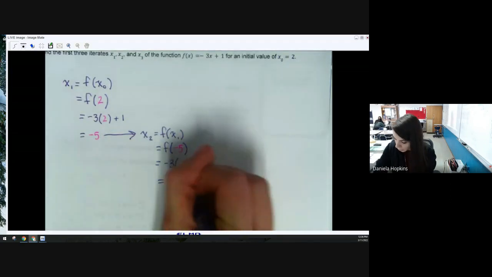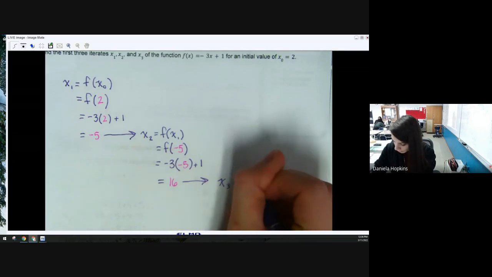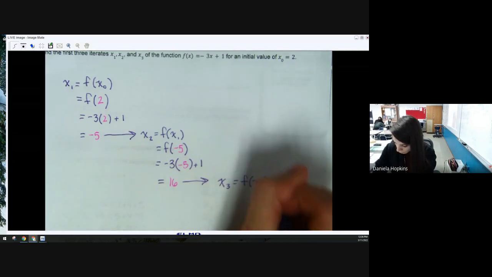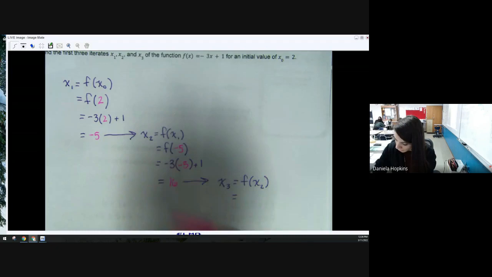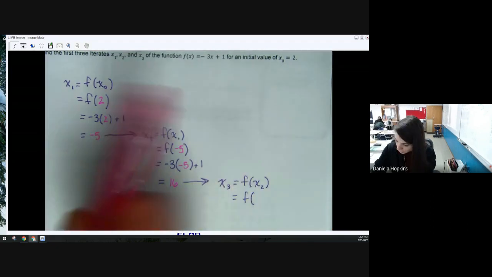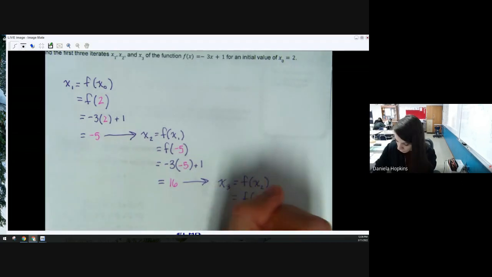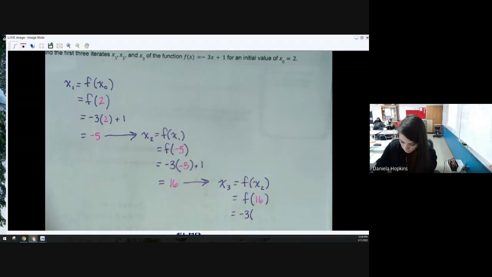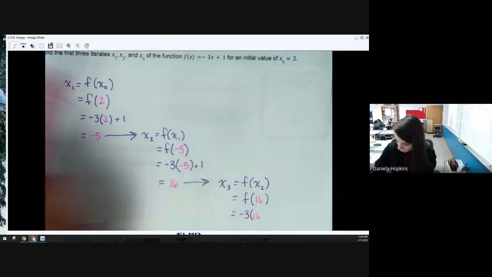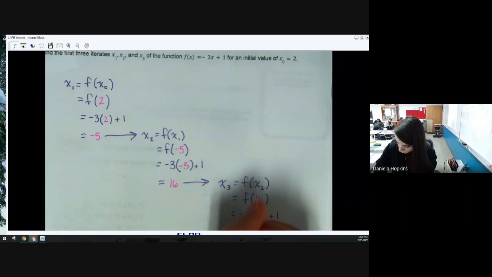Then our third term, x3, is going to be f of x2. So x3 is going to be f of 16, which is equal to negative 3 times 16 plus 1, which gives us negative 48 plus 1 is negative 47.